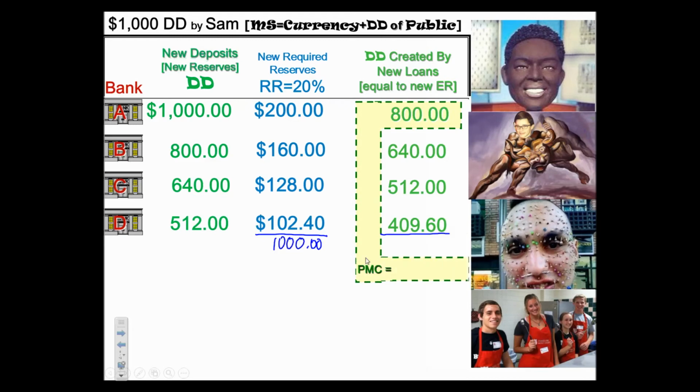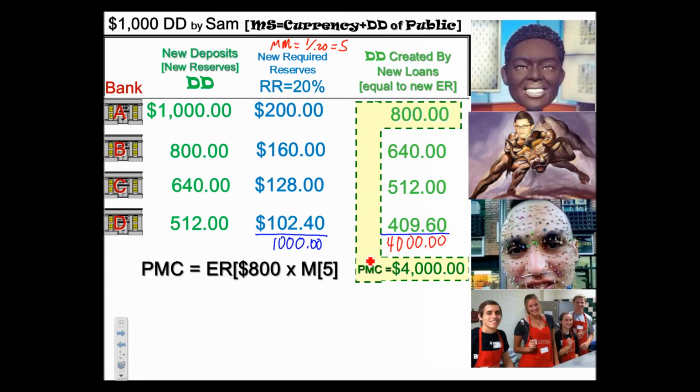If we multiply it by the money multiplier, which in this case is 1 divided by 0.20, so 5. 5 times 800 is 4,000. So the new money created is right here, 4,000.